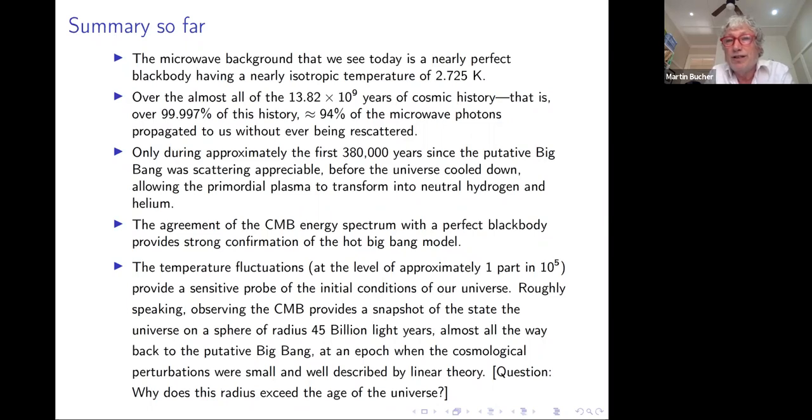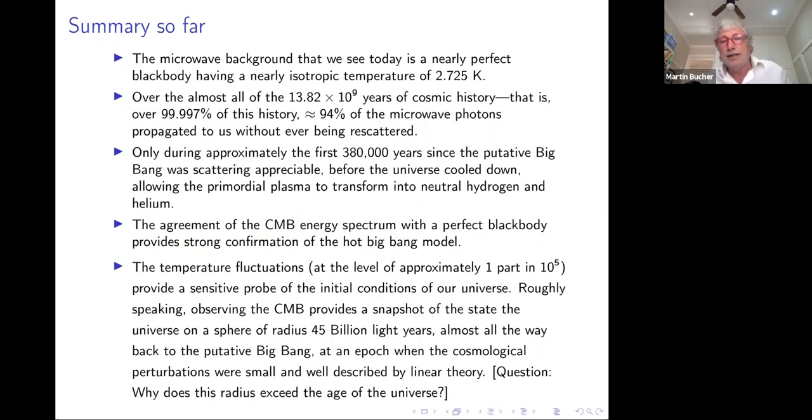The universe is about 13 billion years old today, but this sort of edge of the fog is, I mean, it's not very well defined. But the center of the fog is about 380,000 years since where the Big Bang would be if you didn't have inflation.